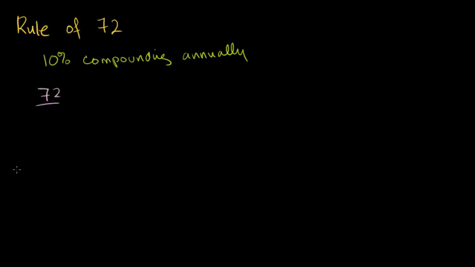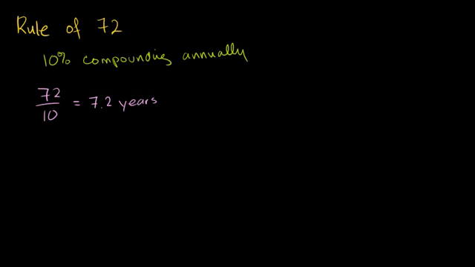That's why it's called the rule of 72. I divide it by the percentage. So the percentage is 10. Its decimal representation is 0.1, but it's 10 per 100, percentage. So 72 divided by 10, and I get 7.2. It was annual, so 7.2 years. If this was 10% compounding monthly, it would be 7.2 months.